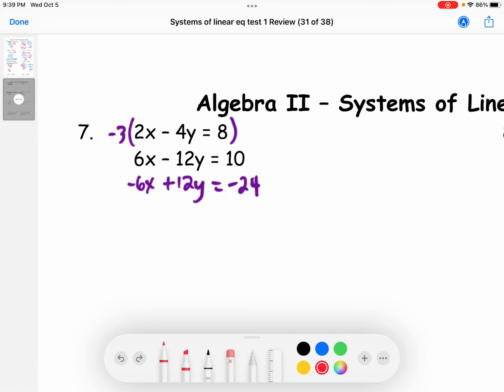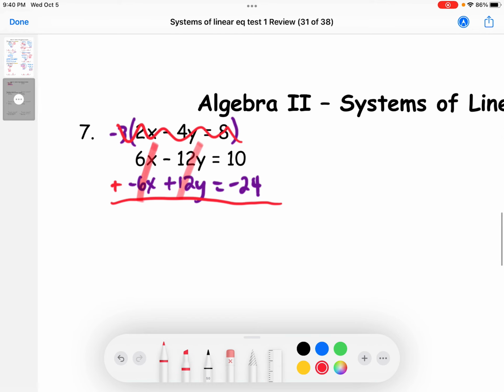That step where we add our equations together, we're no longer using this top one, we're using our modified one now. 6x minus 6x is 0. The x's are eliminated. We've got minus 12y plus 12y. Both of them get eliminated. So we ask ourselves, what does that leave us on the left side of the equal sign? There's nothing there. It's 0. On the right side, we've got 10 minus 24, that's negative 14.